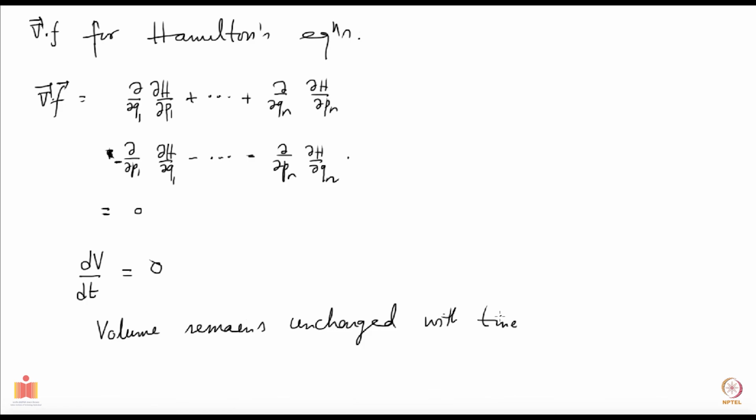The shape of the volume may change, it will change in general, but the volume spanned out by all the points as they move will still be the same as the original volume. And this is Liouville's theorem.